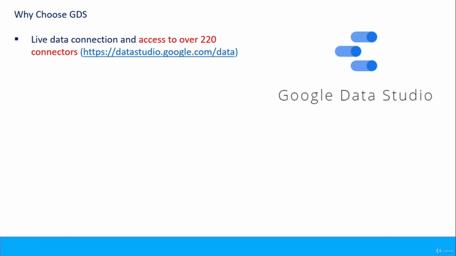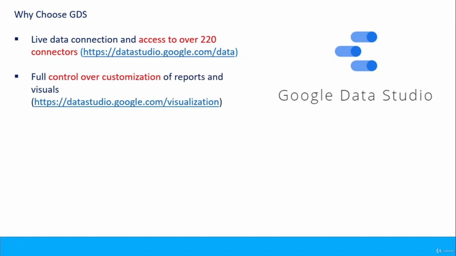To add some other features, Google Data Studio is able to connect to many data sources, right from Excel to live data streaming, almost 220 data sources. You can have full control over customization of the reports and visuals that you create.